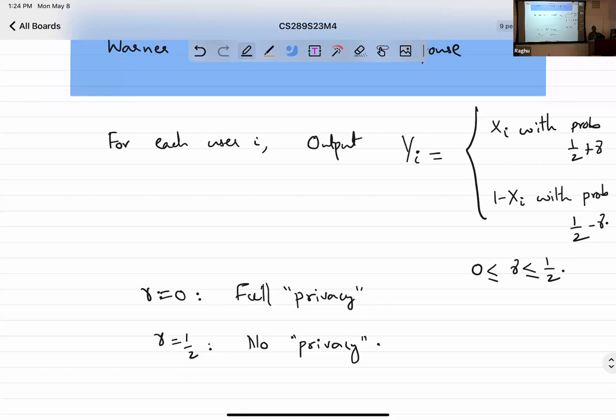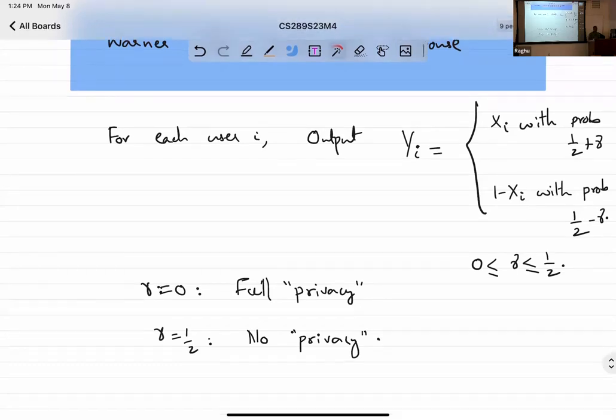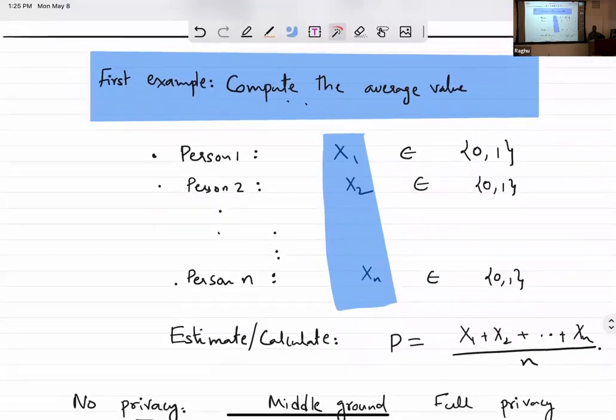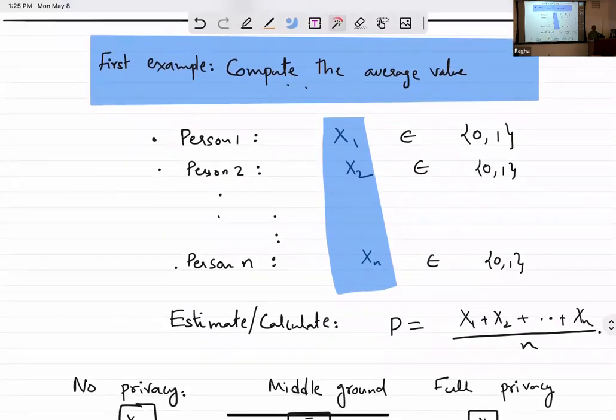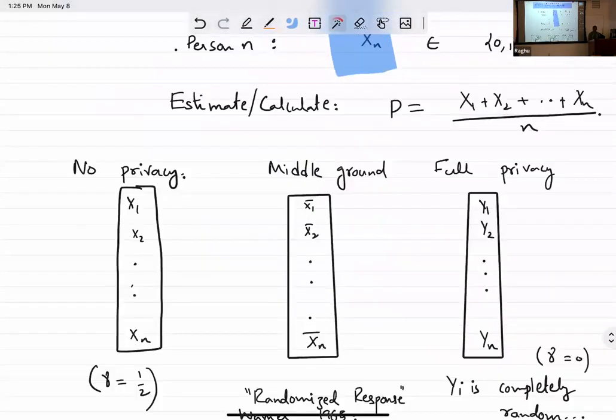So I should not be able to learn anything about the input. For example, if all your inputs were 0. No, the numbers are either 0 or 1. Oh, okay. Yeah, I see what you mean. You're talking about this. Yeah, they're either 0 or 1. We're looking at the easiest case. This is a survey question, yes or no answers. Okay, good point.